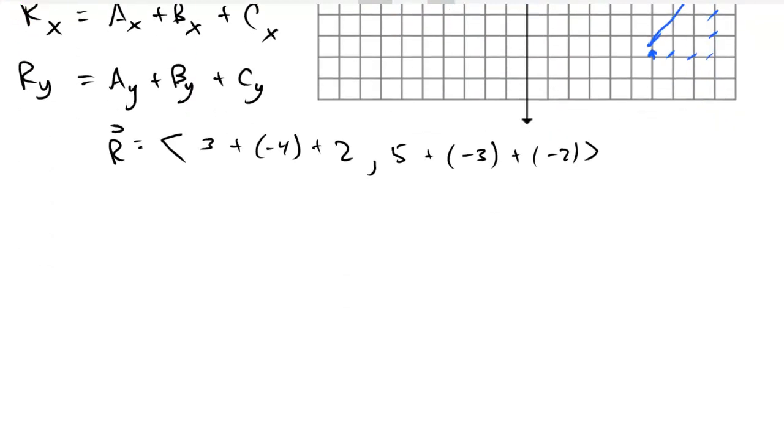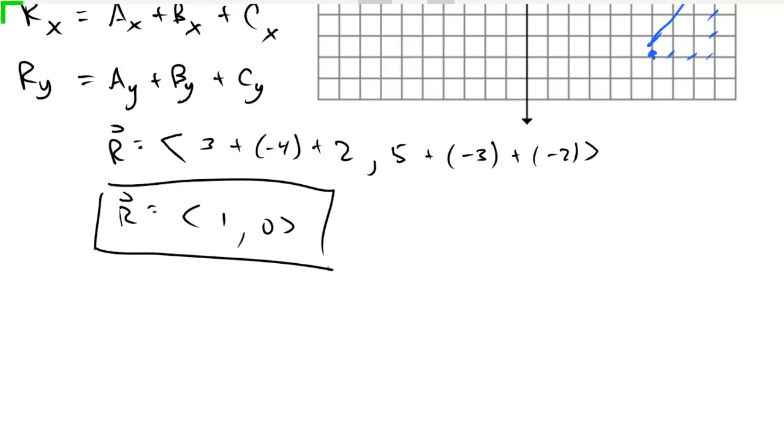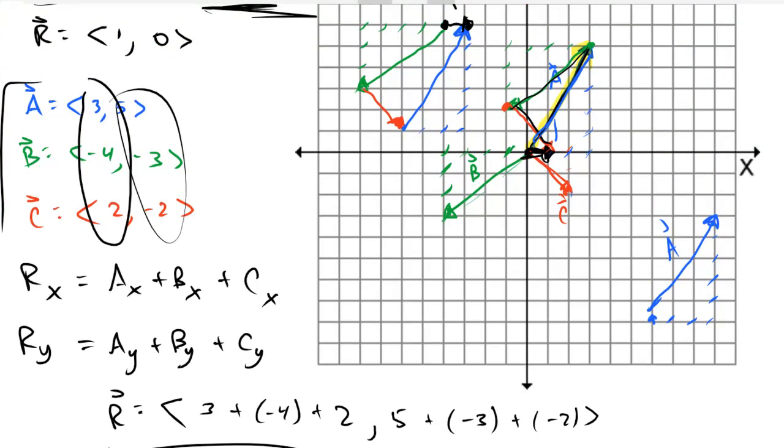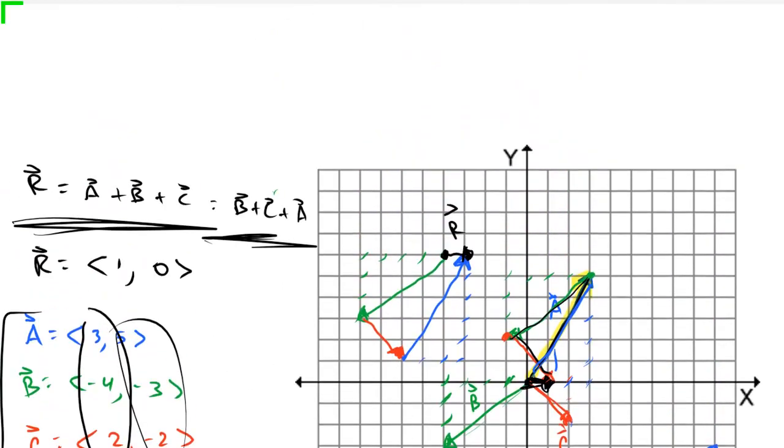Adding these together, 3 plus negative 4 plus 2 is 1, and 5 plus negative 3 plus negative 2 is 0. So the resultant, adding algebraically via the component method, is (1, 0), meaning that it moves over 1 in x and 0 in y, which is exactly what we found when we did the graphical sum previously. So we end up with the same thing.